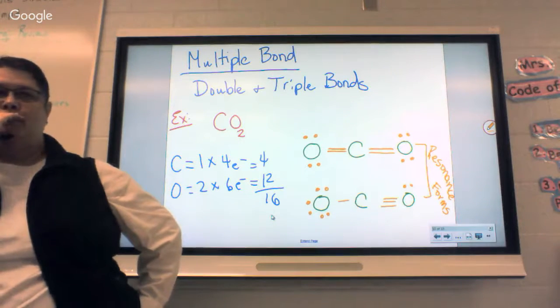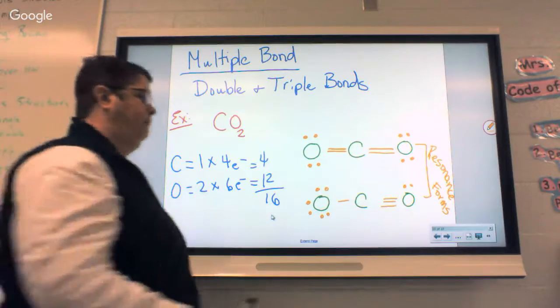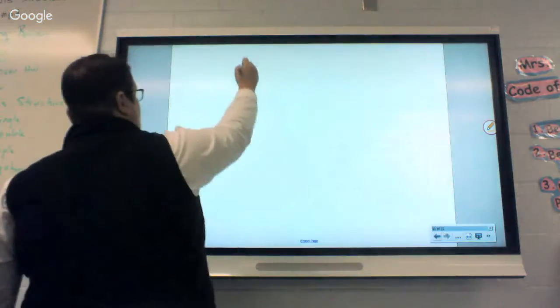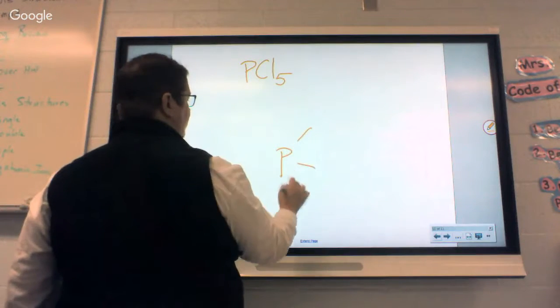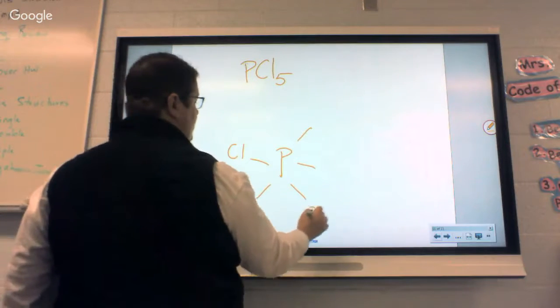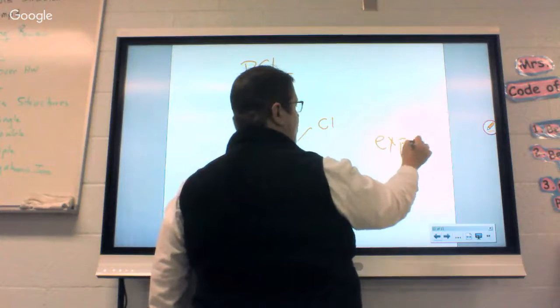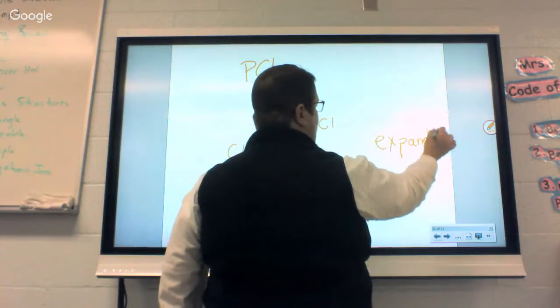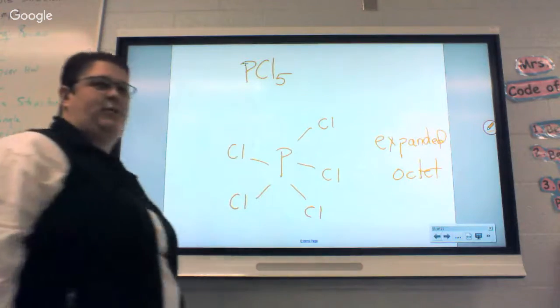Will there ever be like 5 elements where you have to put them around the central atom? You have something like PCl5, you just draw P, and you have 5 chlorines: 1, 2, 3, 4, 5. This is called an expanded octet, and we're going to work with these tomorrow with geometry, and you may have to draw one tonight.